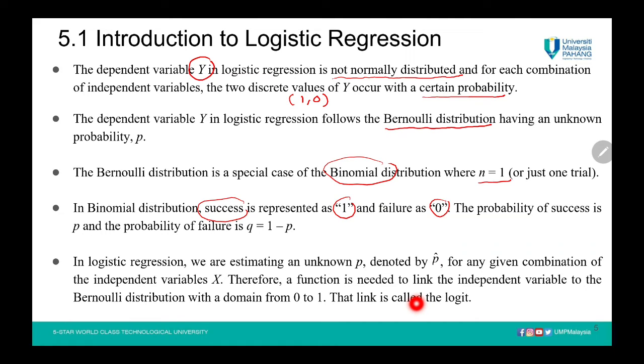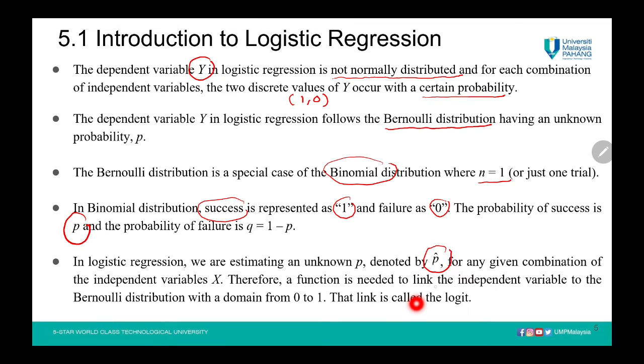The probability of success is P and the probability of failure is Q, that is equal to 1 minus P. So that's why in logistic regression our model will be in P. We are estimating an unknown P, denoted by P hat.